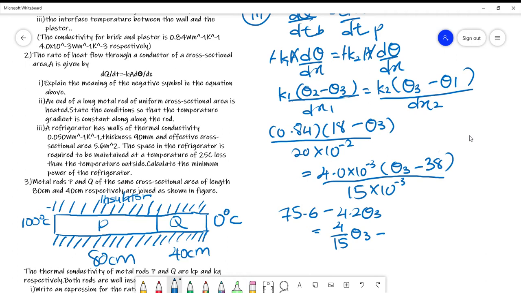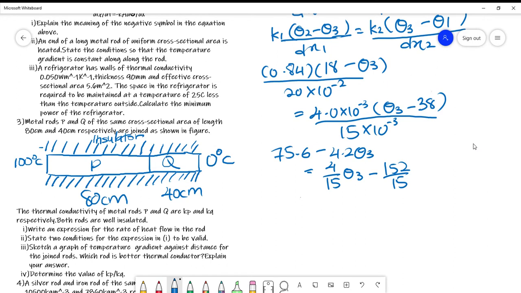So what I get is 152 over 15. If possible, we should write this answer in the form of a fraction, so that the final answer will be more accurate.